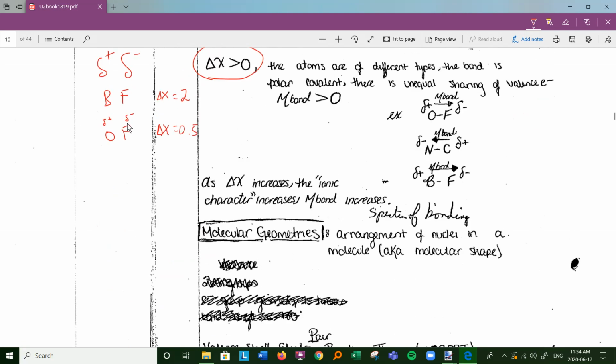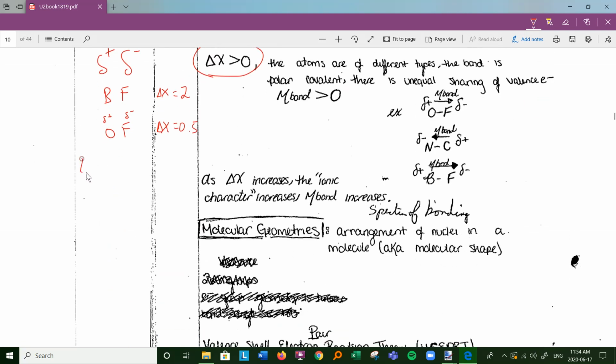So for LiF, delta chi is... wait a second. Fluorine is 4, oxygen is 3.5, nitrogen is 3, carbon is 2.5, boron is 2, beryllium is 1.5. Lithium is just 1, right? Did I say it was 1.5?